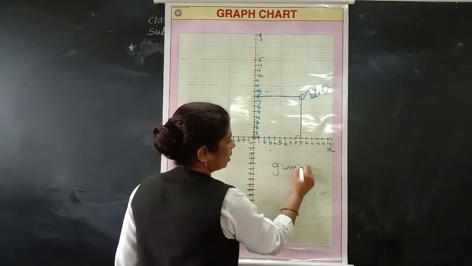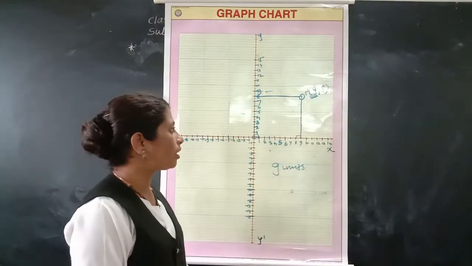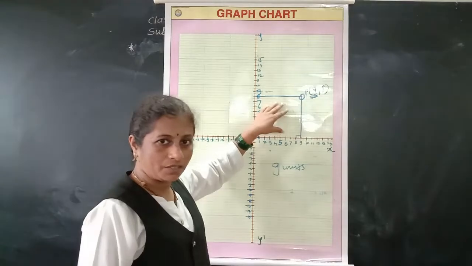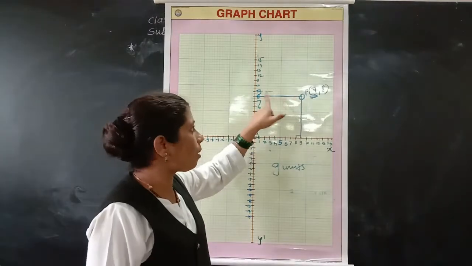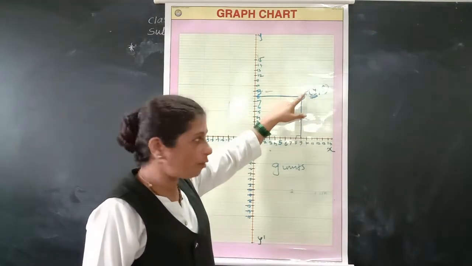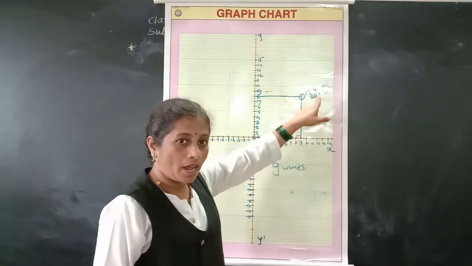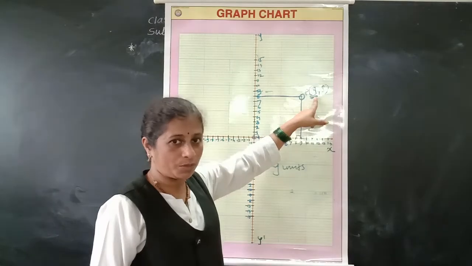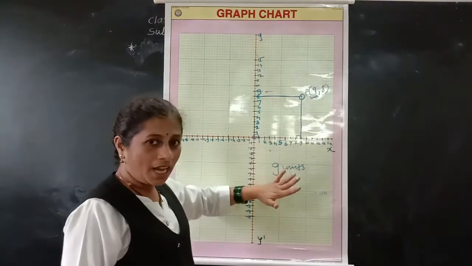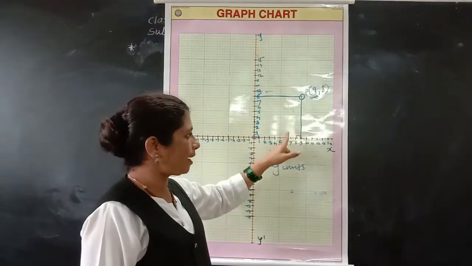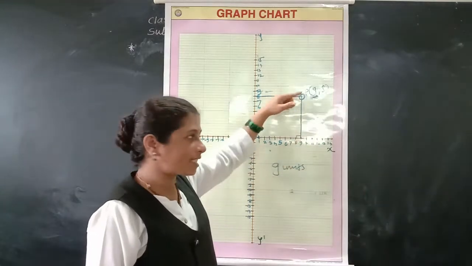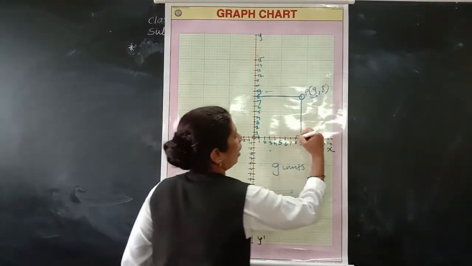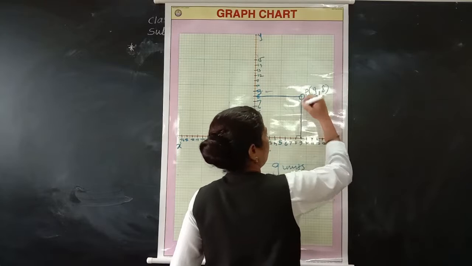Understood? So every time you have to keep in mind that when they ask for the perpendicular distance from the y axis, then we have to write the abscissa, right? Meaning the x coordinate of the point, what is its distance? And if they ask for the perpendicular distance from the x axis, then at what position is this point from the x axis?